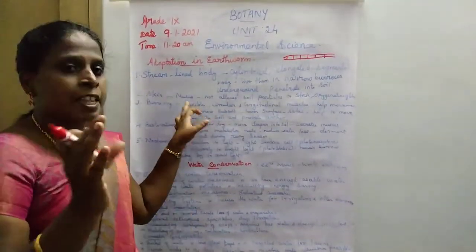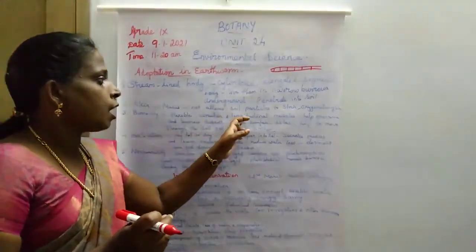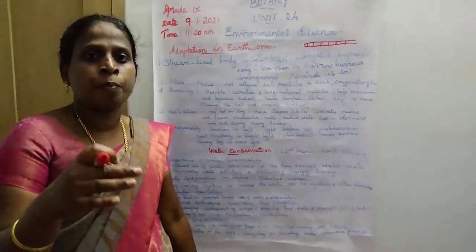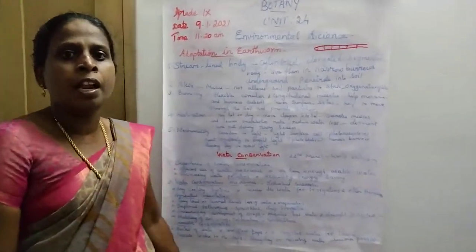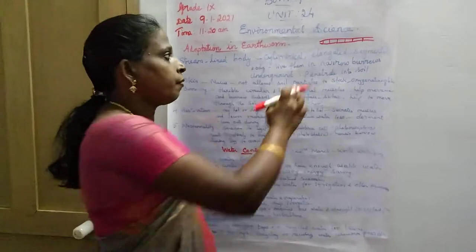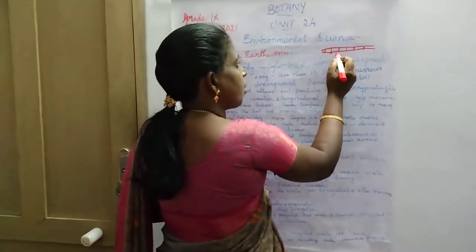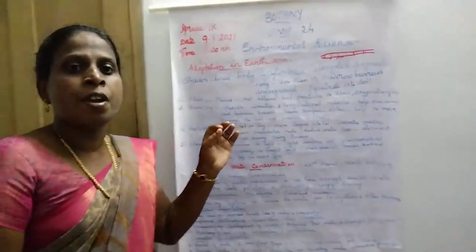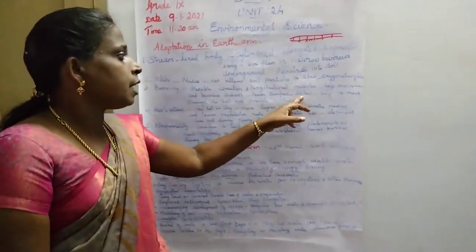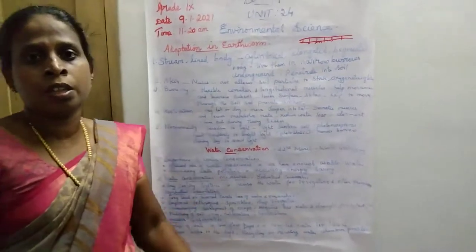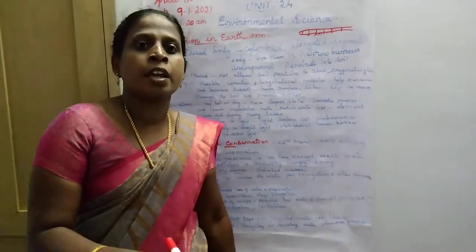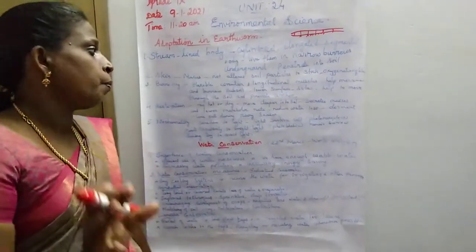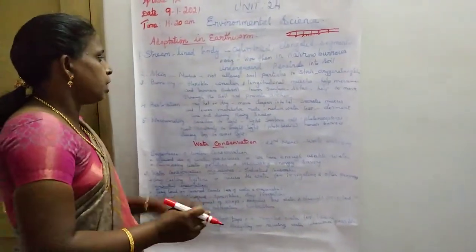The lower surface of the earthworm also has many setae. These setae help the earthworm to move through the soil, and they help to anchor the burrows.